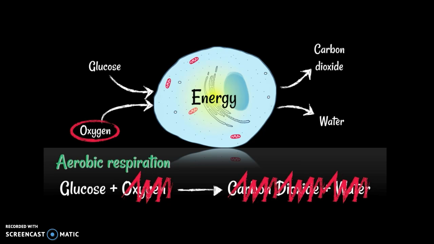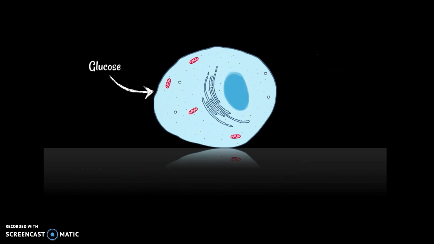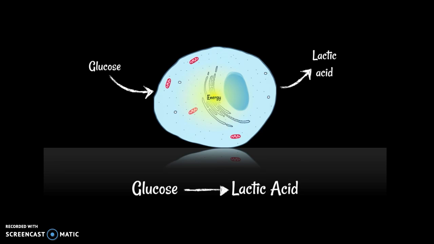This process of aerobic respiration is not going to progress. The alternative is that in the absence of oxygen, glucose will be converted to lactic acid, and in the process it will release a very small amount of energy. The word equation for this is, again, very simple. Glucose goes to lactic acid, and this process is known as anaerobic respiration.